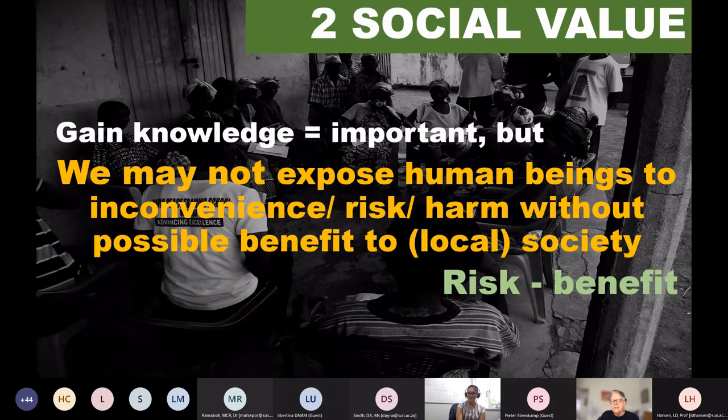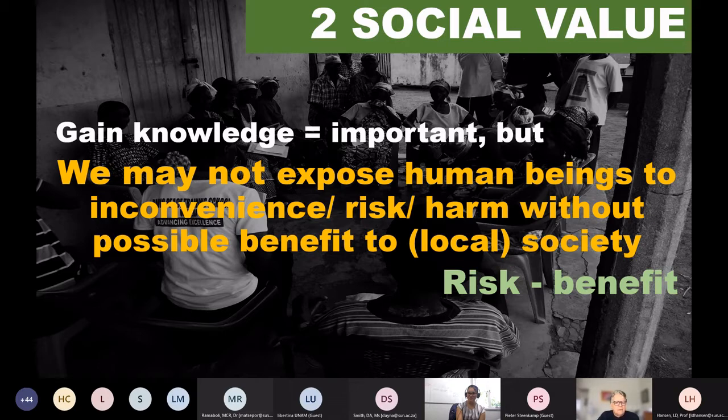Secondly, sorry, the second benchmark is social value. Now, we all have a section in protocols, you know, what is the importance of the study and the significance and so forth.